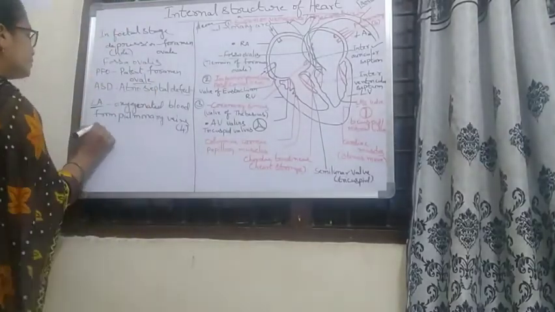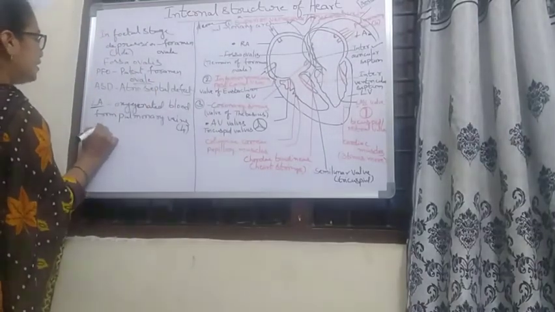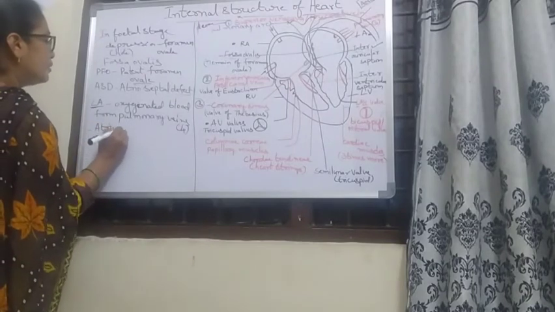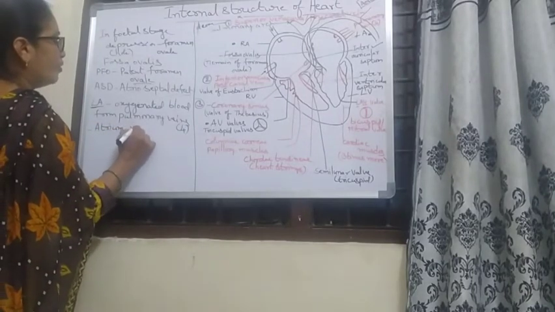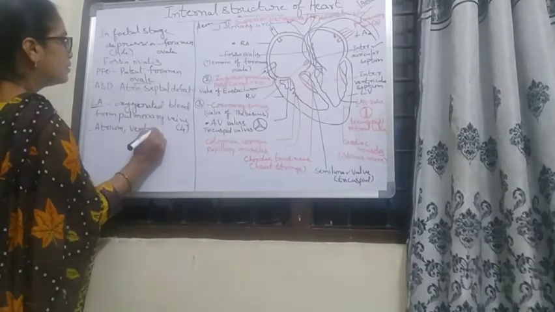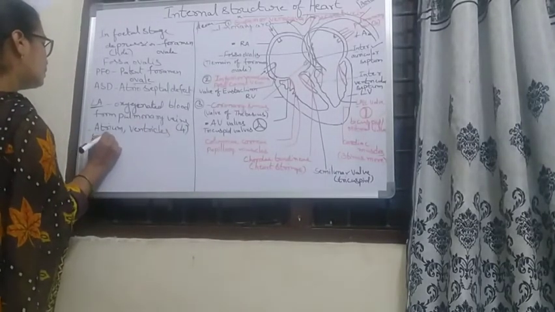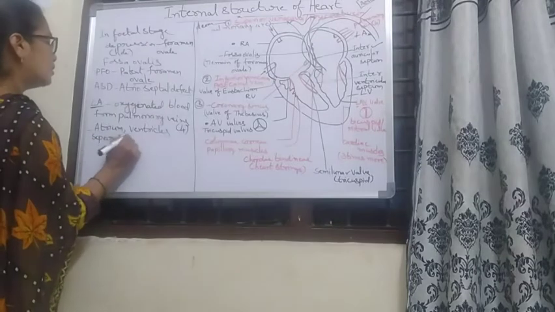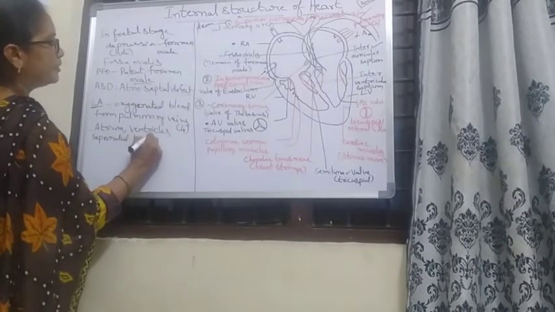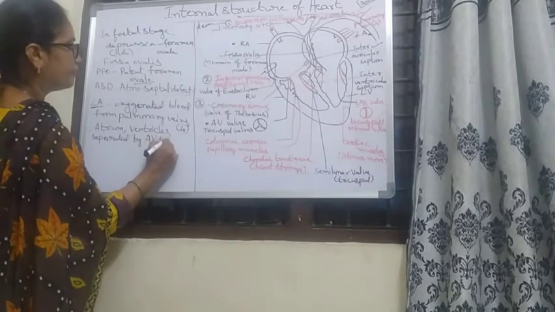Here the atrium and ventricles are separated by the atrioventricular septum.